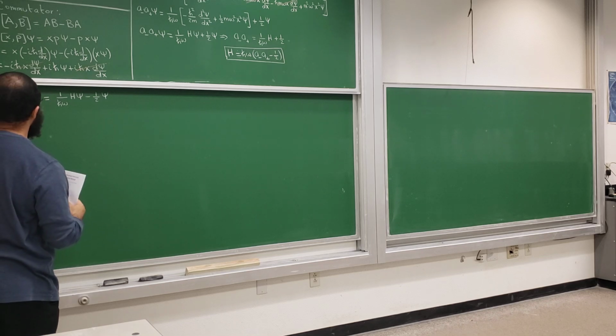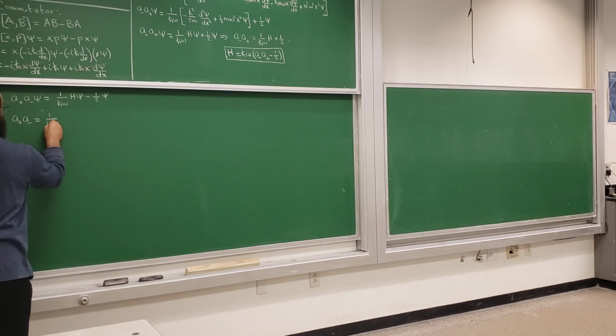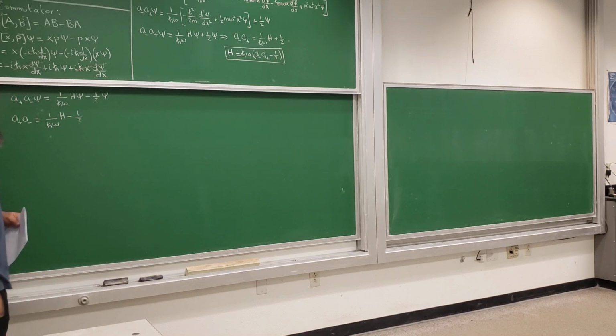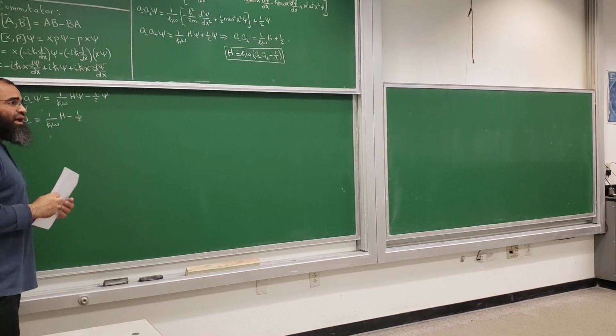And so, meaning a plus a minus is equal to 1 over h bar omega h minus 1/2. That's what we got. Any questions how I got this? I didn't really do the whole math, but this is part B if you like. So we get this.